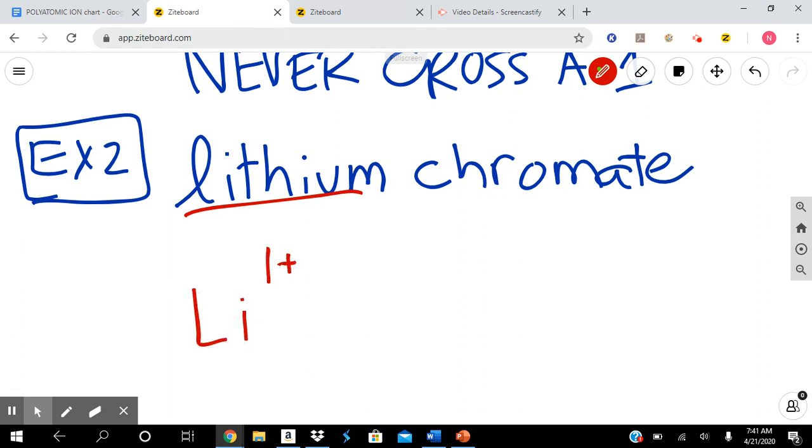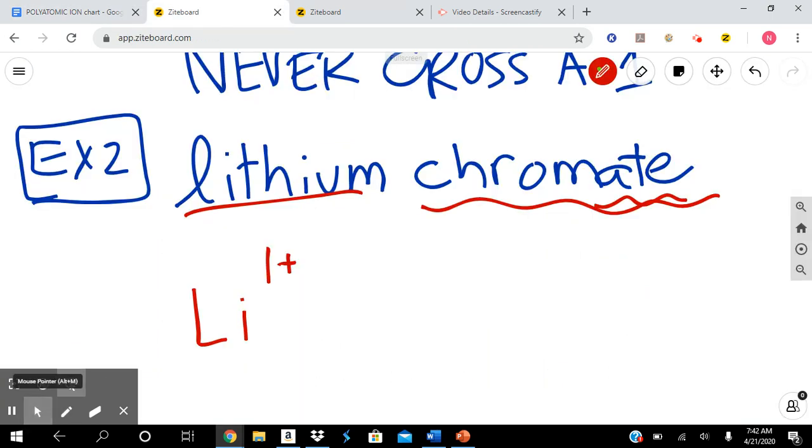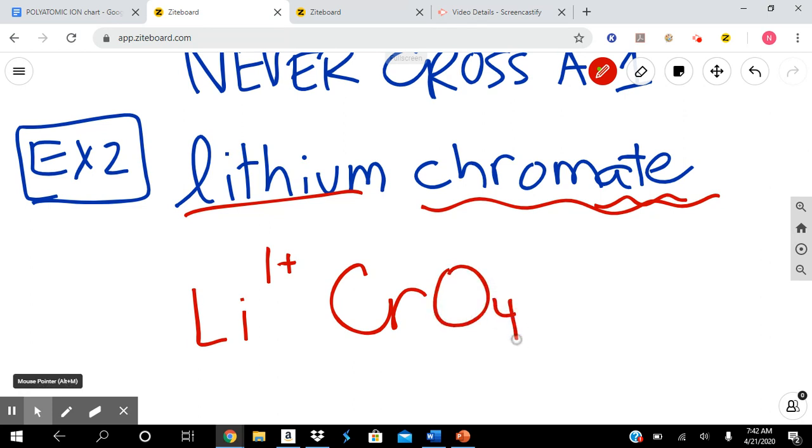Are we going to cross that 1? No. And then we have chromate. All right, it ends in ATE, so I'm going to look on this chart and try to find chromate. Bam, it's right here. Chromate is CrO4 2 minus.